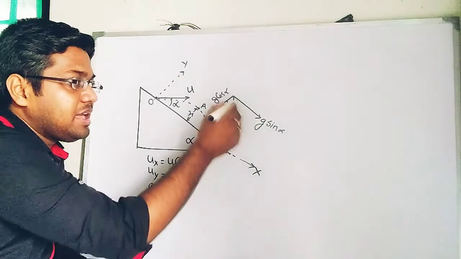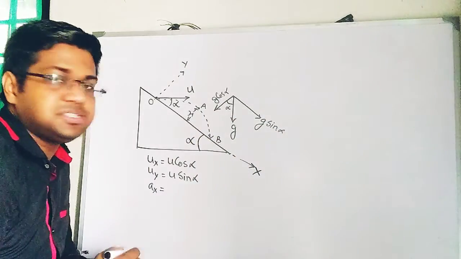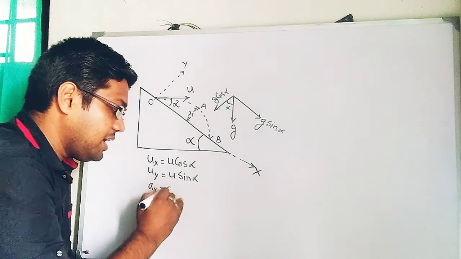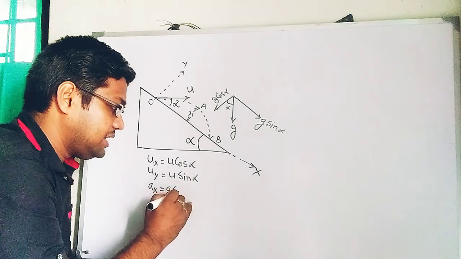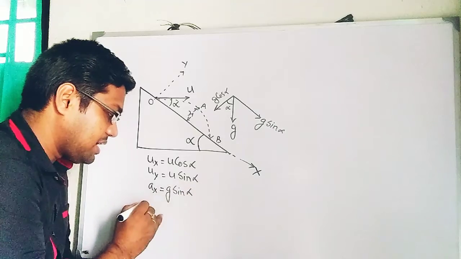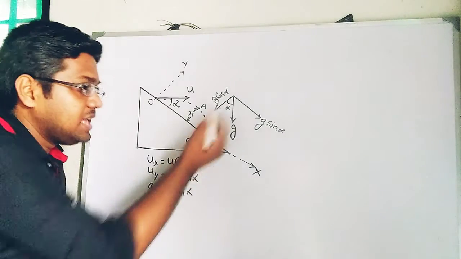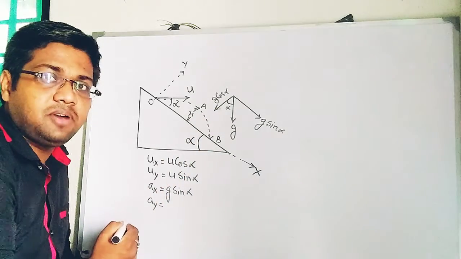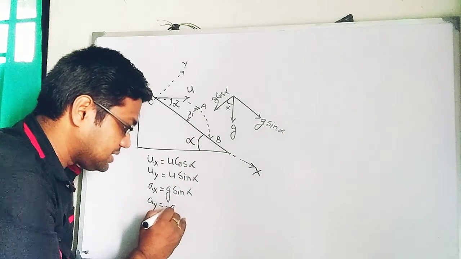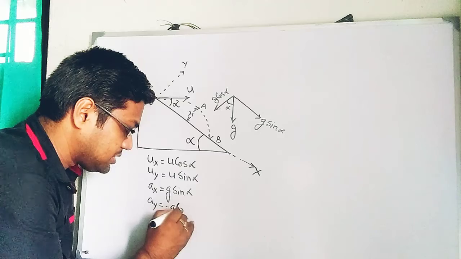So obviously g sin alpha is along the x direction, so ax equal to g sin alpha, and ay, the y component of acceleration, since it is acting along the negative y direction, is minus g cos alpha.